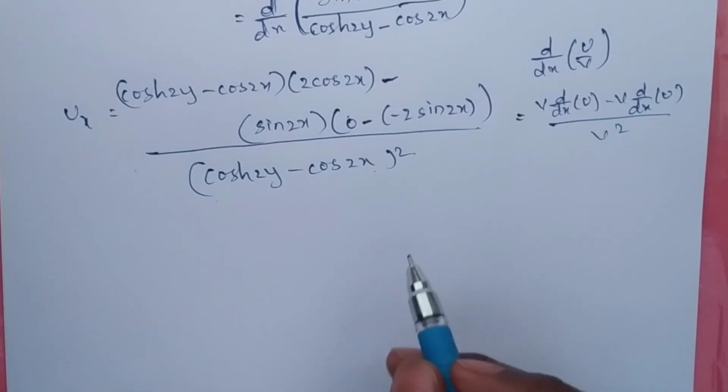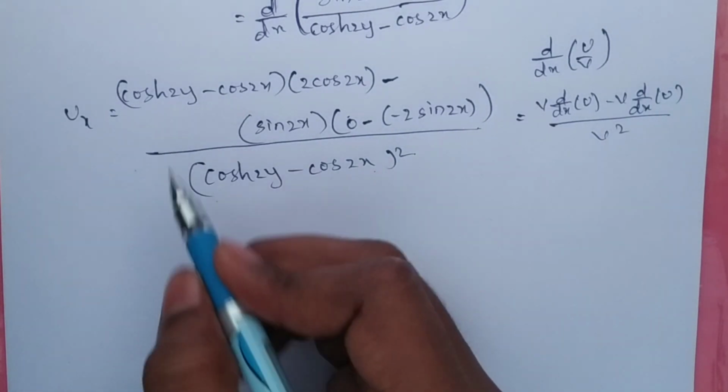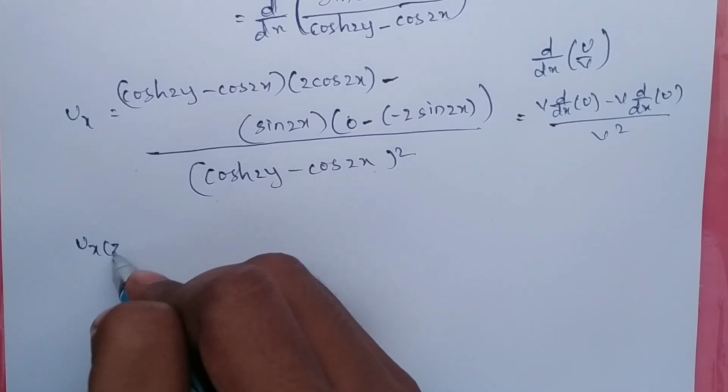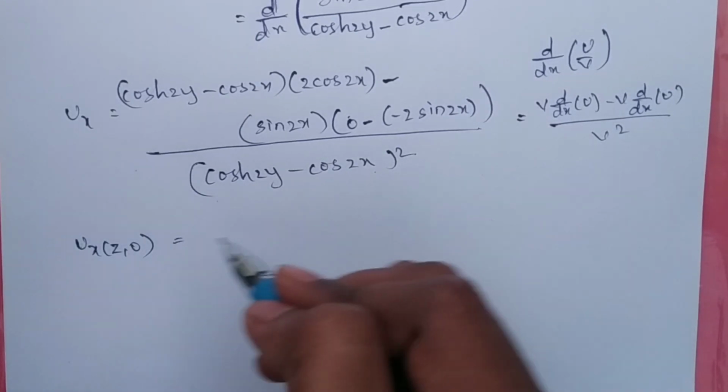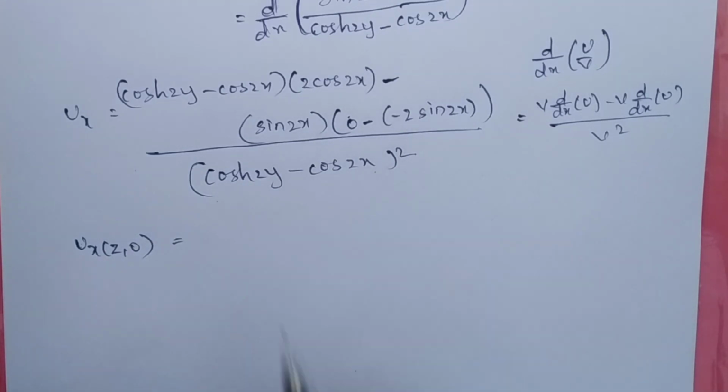Now we have to find ux at z comma 0. For that we substitute z comma 0 in place of x comma y.